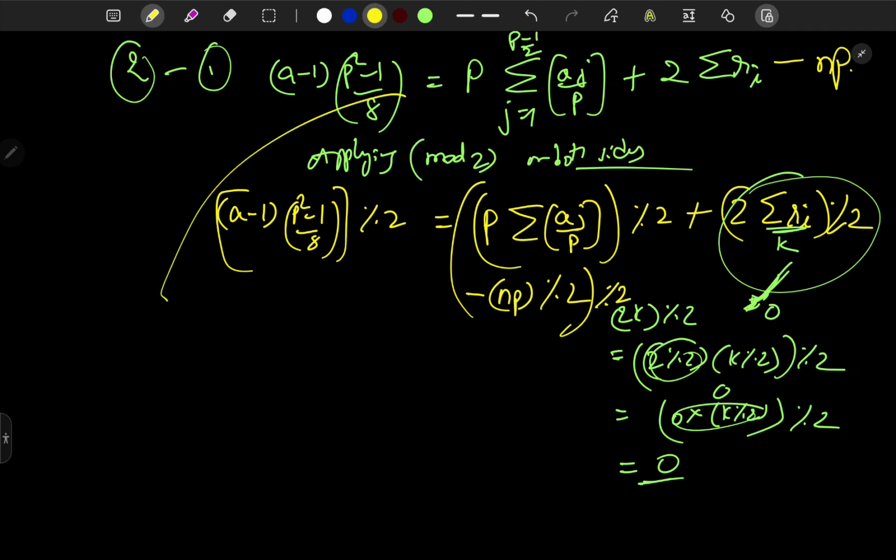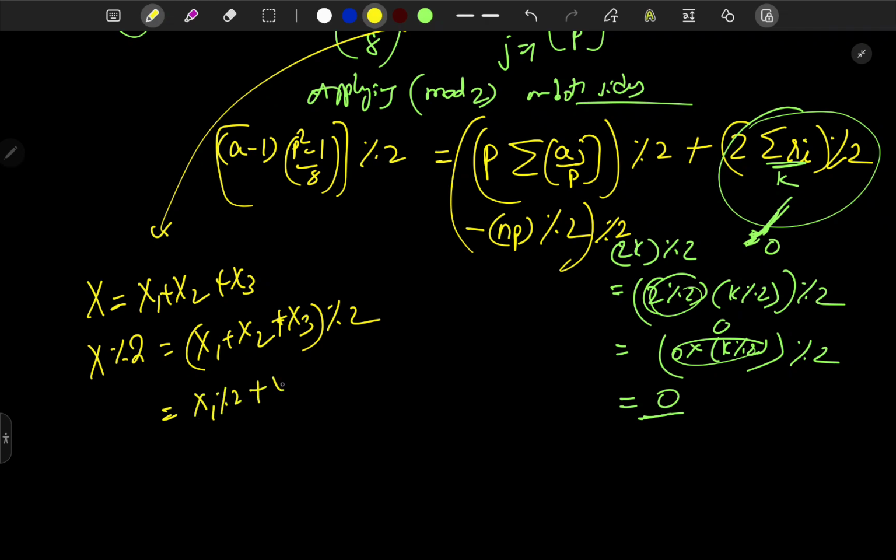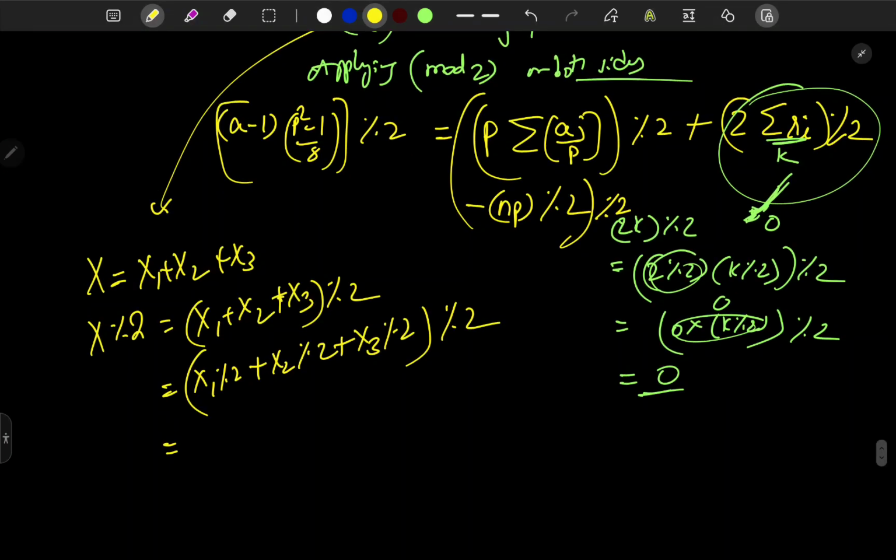See, this is looking like a sum: x equals x1 plus x2 plus x3. So x mod 2 equals (x1 mod 2 plus x2 mod 2 plus x3 mod 2), whole again mod 2. This is the property. I have discussed it in so much detail in the previous classes.